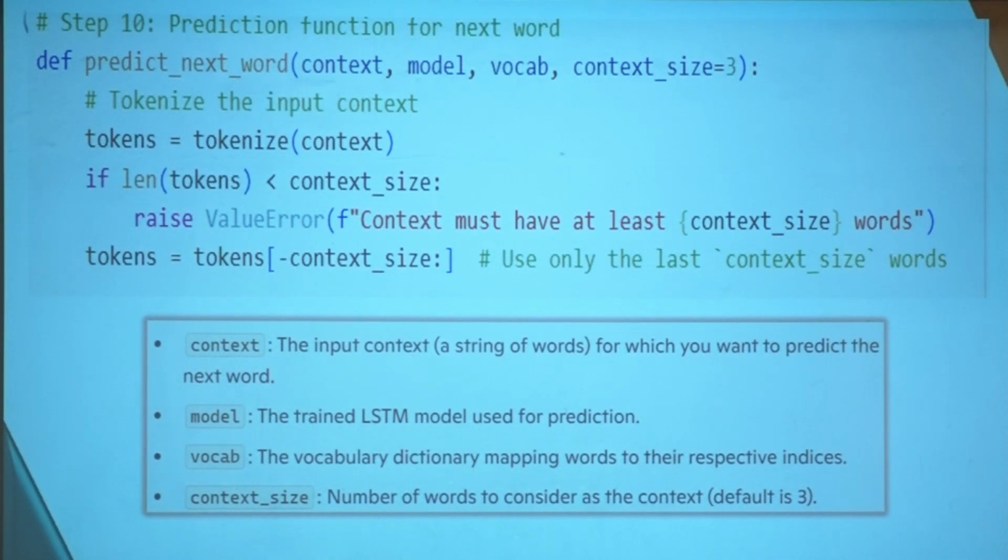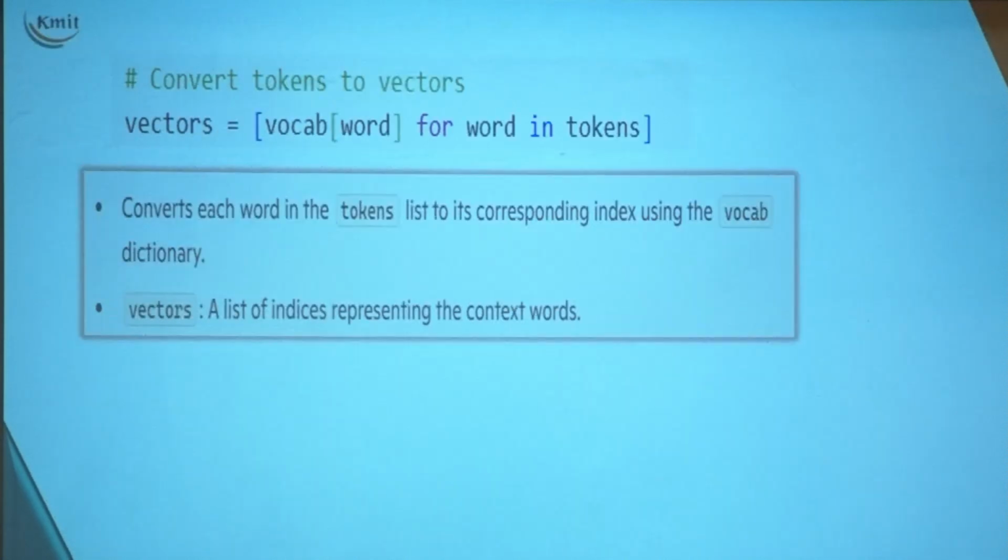Tokens is equal to tokens of minus context size. So the last context size words, the last 3 words, are what I actually take to predict the output. Next, convert those tokens into vectors so that the machine can take them as input. For that I require my vocabulary dictionary, wherein I have all keys and their corresponding vectors.